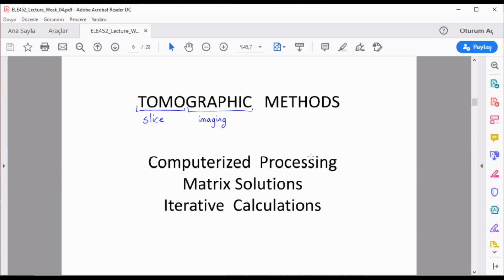Now we come to a final application of X-ray. X-ray is also utilized in tomographic methods. Tomographic means slice imaging, and it involves computerized processing as well as matrix solutions with iterative calculations after imaging data have been collected at the detectors and sent to the computers to be processed.